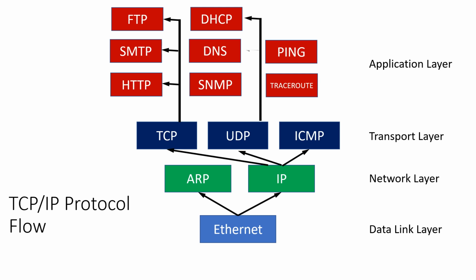If it was shuffled through UDP, it might then be handled by SNMP, the Simple Network Management Protocol, or DHCP, the Dynamic Host Configuration Protocol, or by DNS, the Domain Name System. Finally, if ICMP was handling it, then it might then be handled by ping or by traceroute.